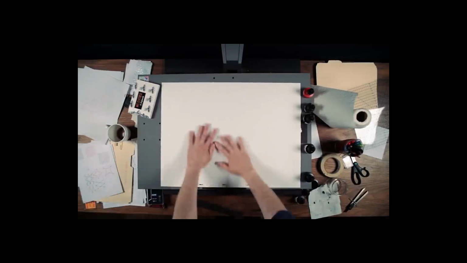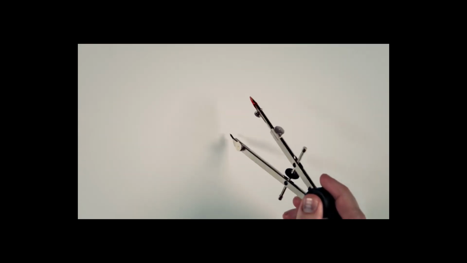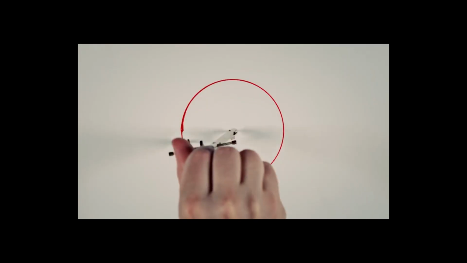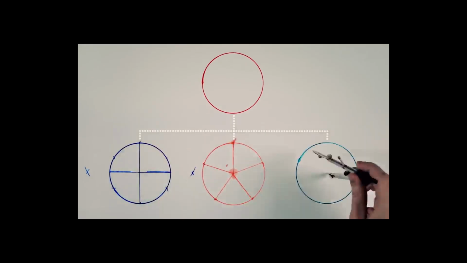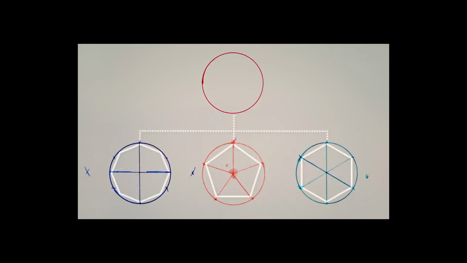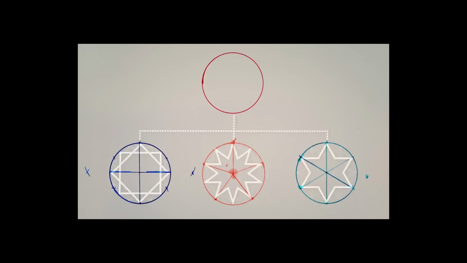So how does that work? Well, everything starts with a circle. The first major decision is, how will you divide it up? Most patterns split the circle into 4, 5, or 6 equal sections, and each division gives rise to distinctive patterns. There's an easy way to determine whether any pattern is based on 4-fold, 5-fold, or 6-fold symmetry.